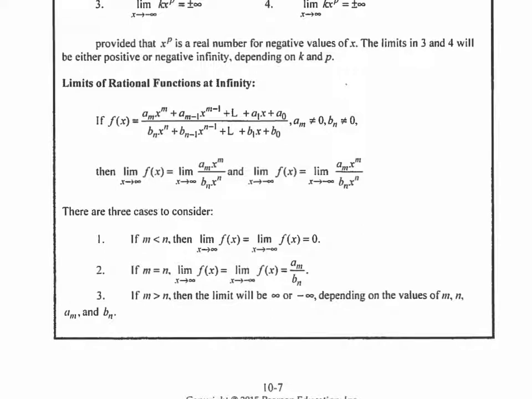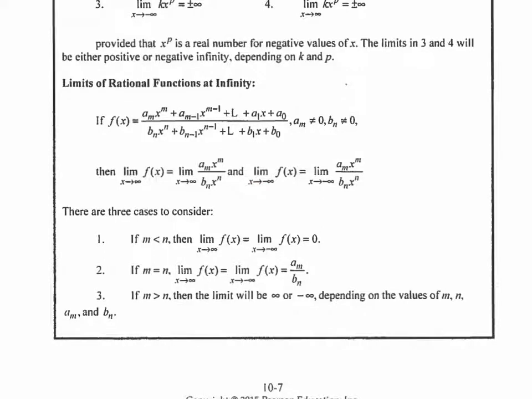Because if this is written in descending order, then my largest exponent for my variable will be the first term on top, and my largest exponent on the bottom will also be in the first term. So what I'm going to want to do is I will pay attention if I'm trying to find the limit as x either approaches positive infinity or negative infinity.